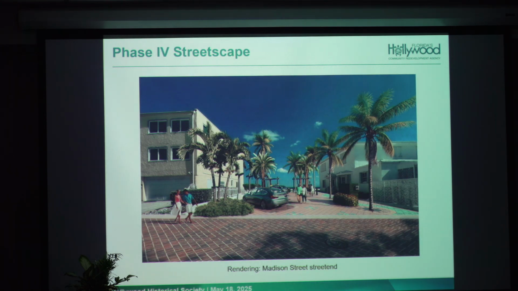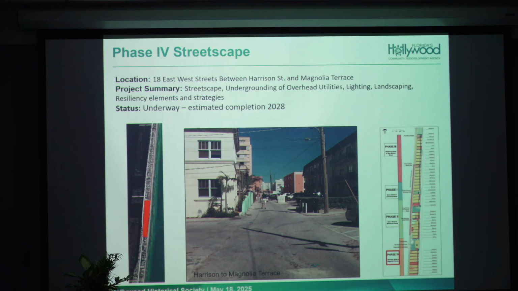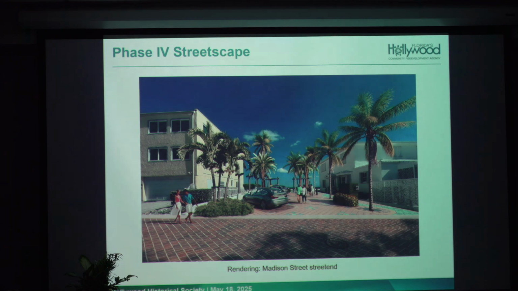This is a rendering of Madison Street and what it will look like. Now, I'm just going to go back. That is Harrison. I'm not sure what street, maybe. I'm sorry, I don't have the address, but this is what currently exists, as opposed to something like that.